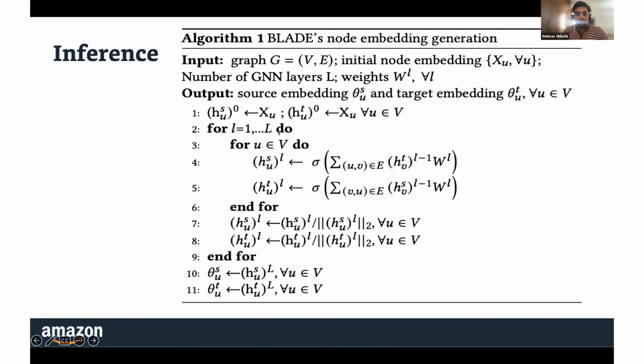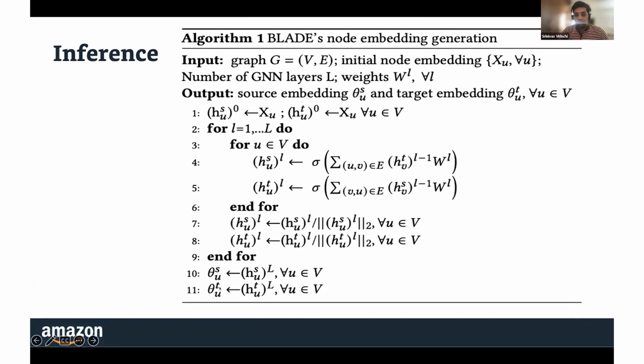For every layer, for every node, as explained earlier, for S you basically focus on the T's, which are the neighbors. And for the T embedding of every node, you just focus on the S embedding of its neighbors. So basically, you're varying the in and out neighbors in lines 4 and 5. And then you do some kind of normalization, and then you have your theta S and theta T for every node.